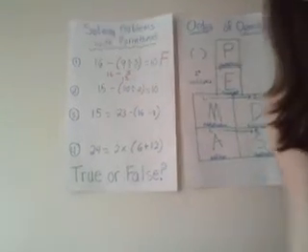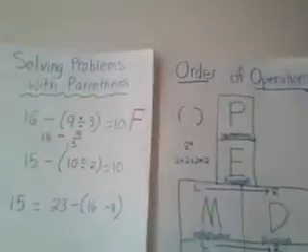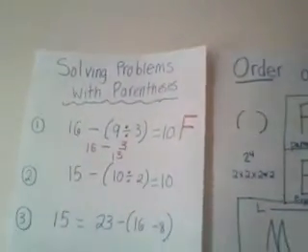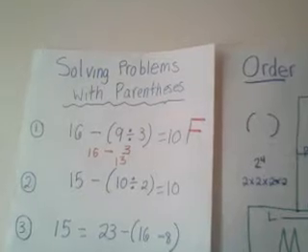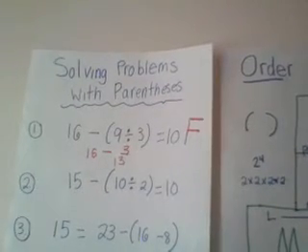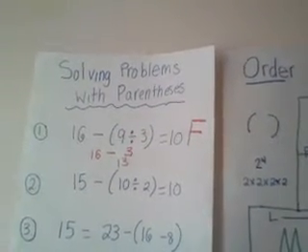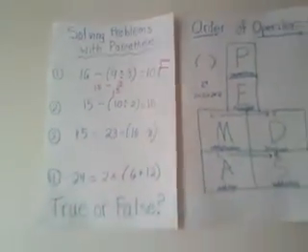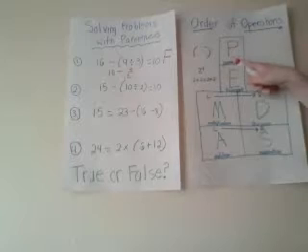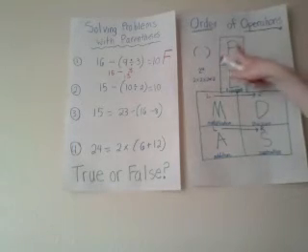Okay, looking at problem 2. Again, I will zoom to the best of my ability so you can see that problem. It says 15 minus, in parentheses, 10 divided by 2 equals 10. Let's take a moment to decide, is this a true or false statement? So again, if we think about our order of operations, we start with parentheses first.